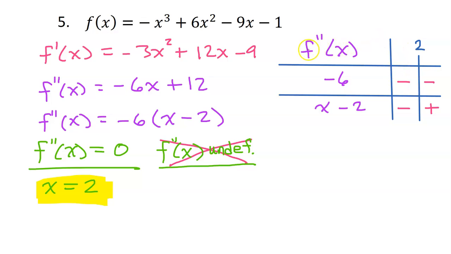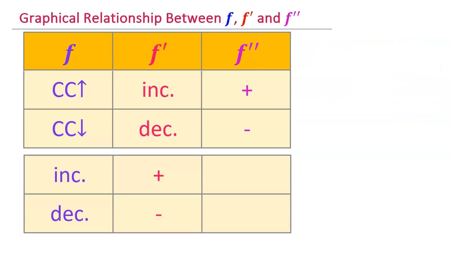What about the overall value of f double prime? A negative times a negative is a positive, and a negative times a positive is a negative. For this question, we are being asked about the concavity of the function f. And we have learned, maybe I'll show it again.